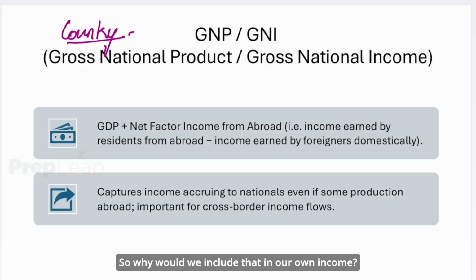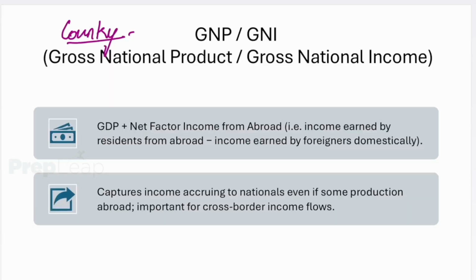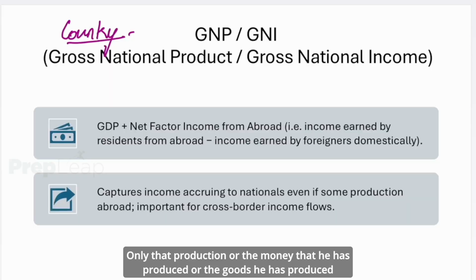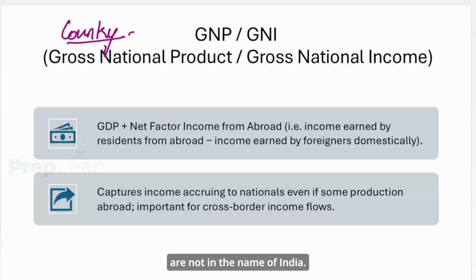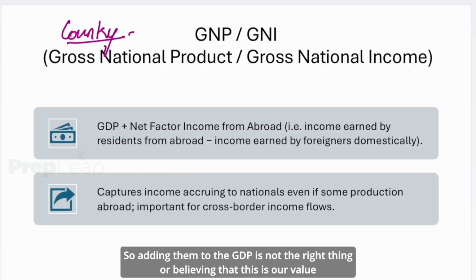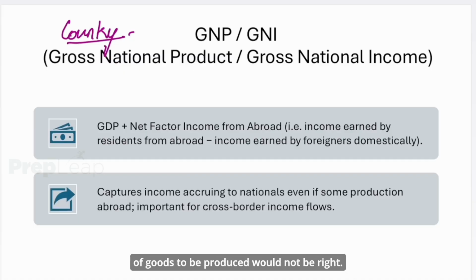So why would we include that in our own income? Actually, the goods he has produced are not in the name of India. So adding them to the GDP is not the right thing, or believing that this is our value of goods we produced would not be right.